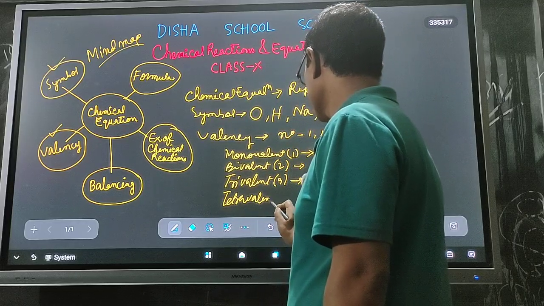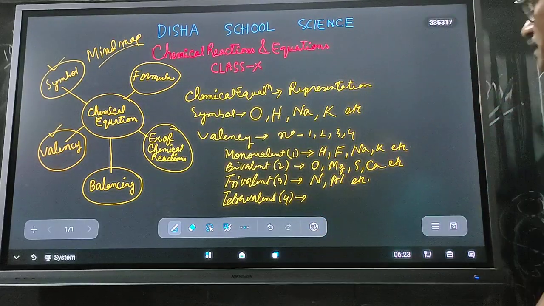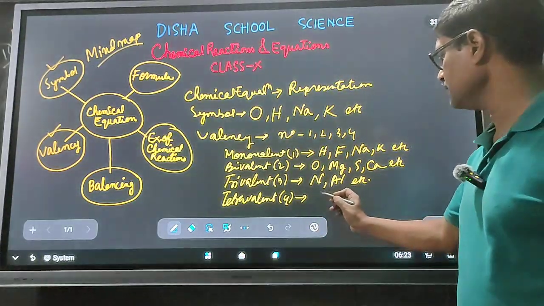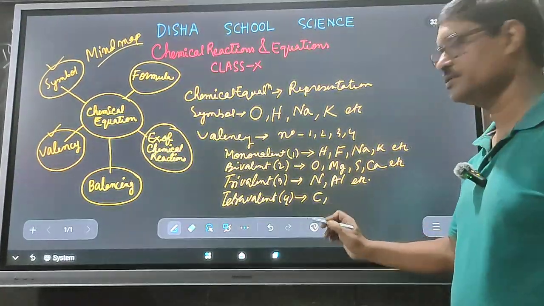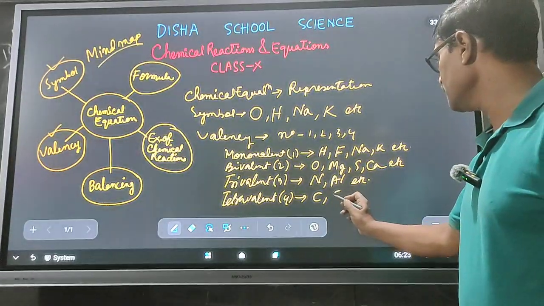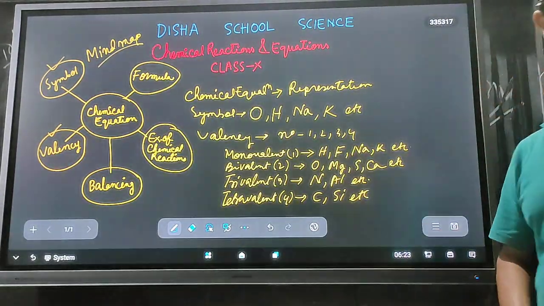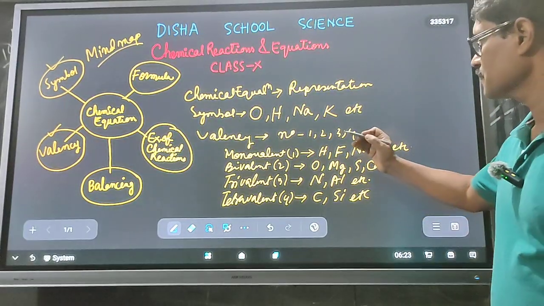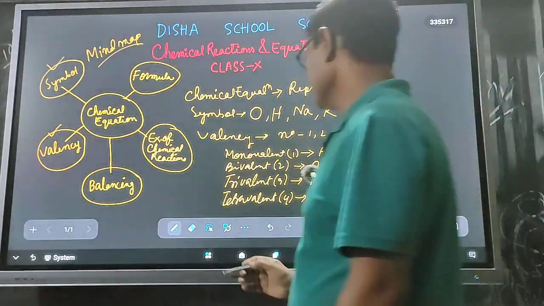Tetravalent means having valency 4. What are the elements having valency 4? First is coming carbon, silicon, etc. So this is sufficient for class 10 students to know about this valency of different elements.